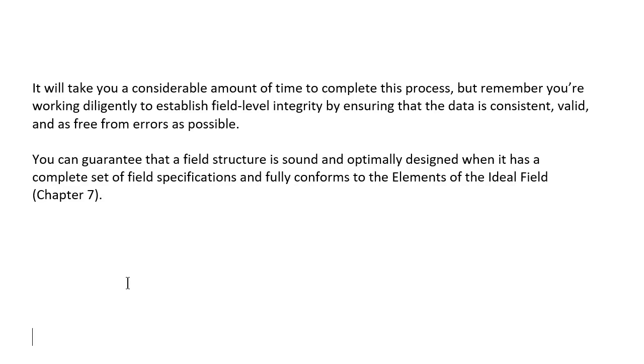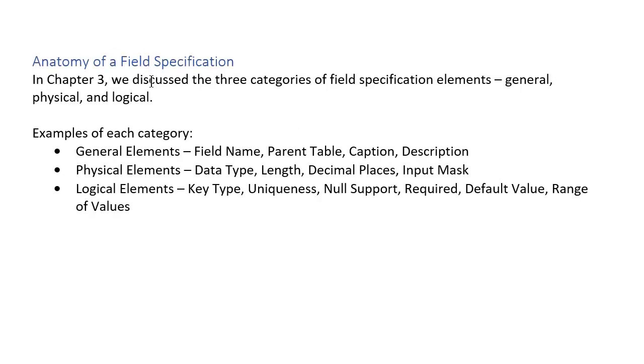So when we talk about the field specification, there are three categories of field specification elements. There's the general, the physical, and the logical. So when we talk about general elements, we're looking at the field name, the parent table, a caption, and a description. Now for us in Access, caption is what is displayed when we retrieve that data, not just the field name.